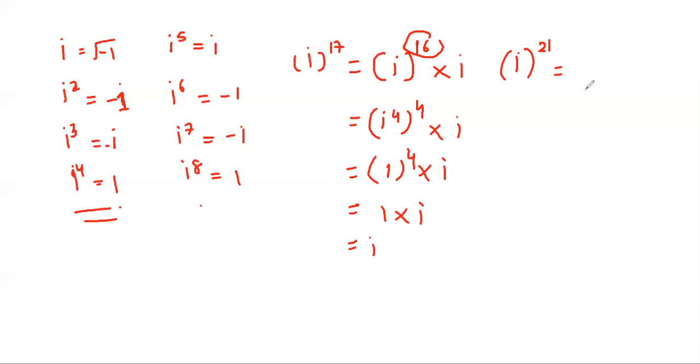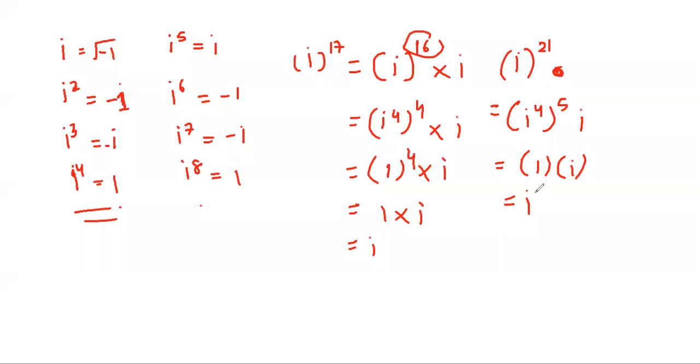Tell me fast. Is there a multiple of 4 in this? Yes, there is, right? i raised to 4 into 5. 4 fives are 20. How much is left? How much i is left here? 1. 21 total, right? 4 fives are 20 into i raised to 1, 21. So what is i raised to 4? That is 1 into i. 1 into i is i. Again I got i.